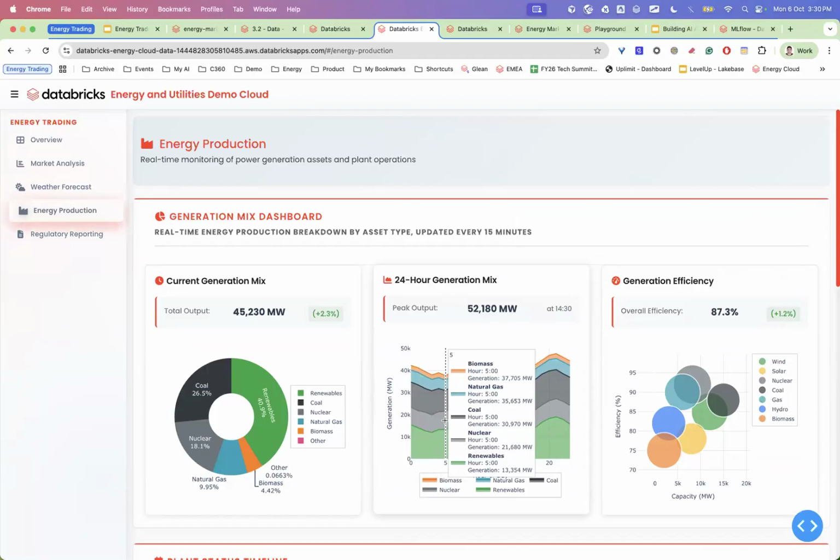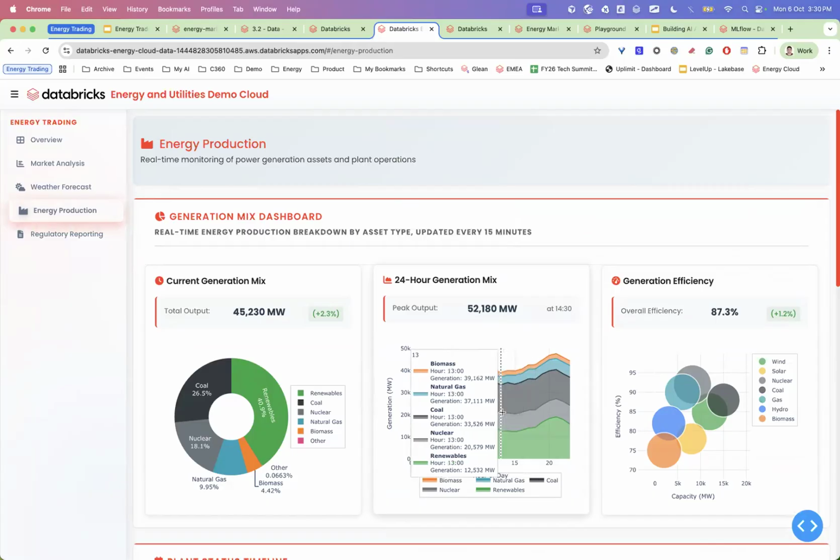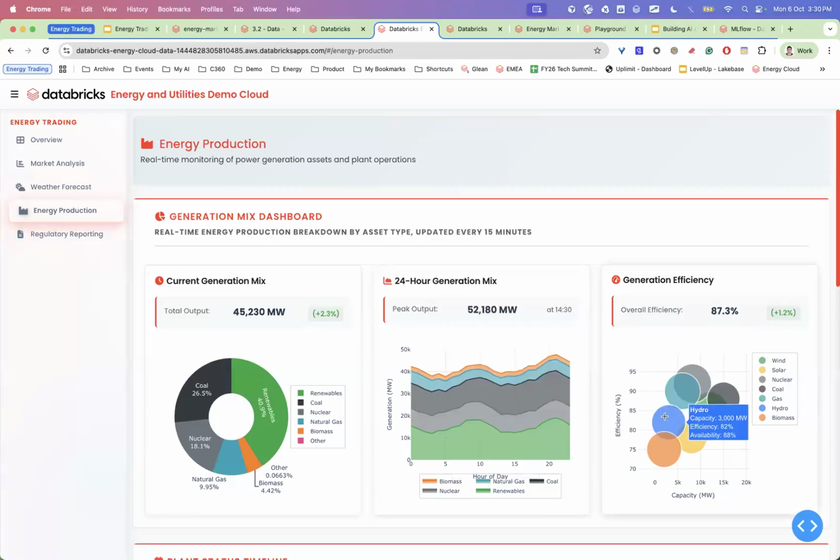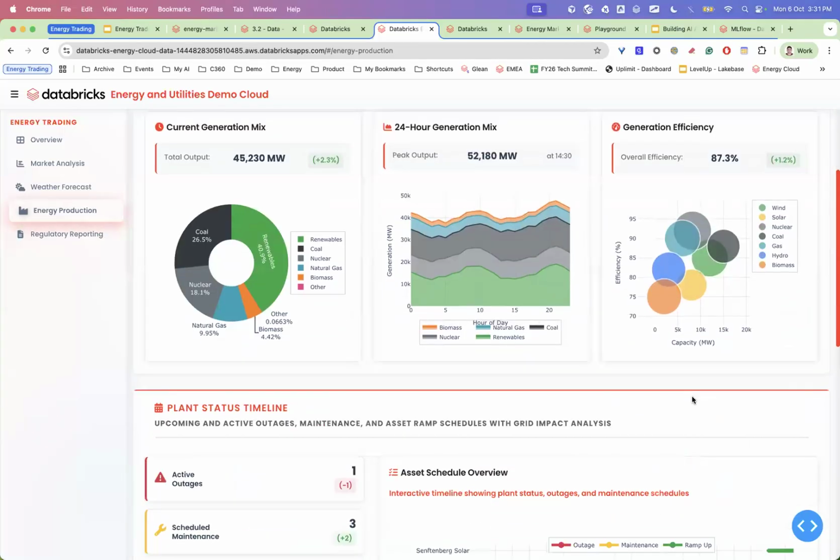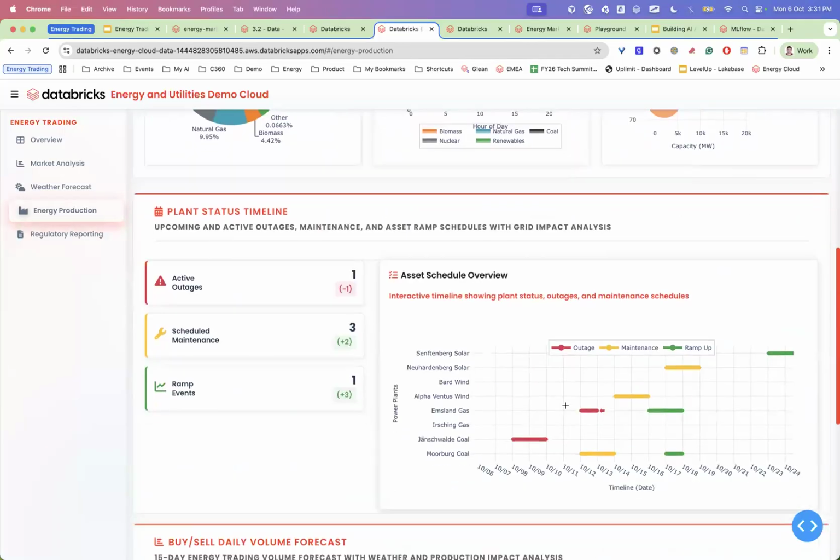Having a unified overview of how much energy each source is producing, and what the generation efficiency is, shows which is doing well, and which specific energy source is not doing well or has some issues. Another important aspect is having visibility into plant insight, like maintenance, right?